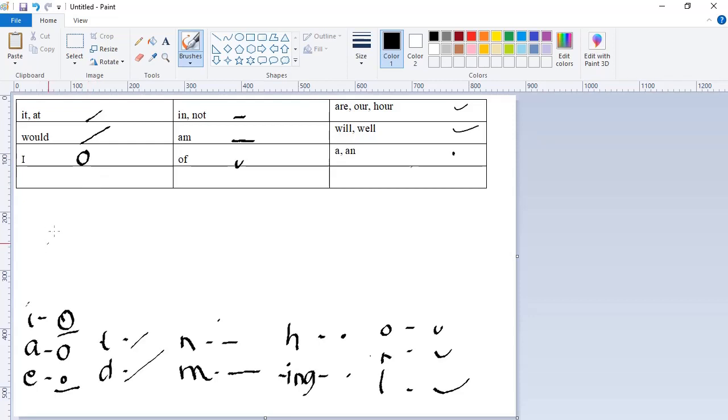Now, when you say brief form derivative, an example of this is yung word na willing. So, we have the brief form will, and then we have the stroke for ing. So, how will you do that? Yung will is represented by your L stroke, and now your ing is represented by the dot. So, that is how you're going to stroke willing.